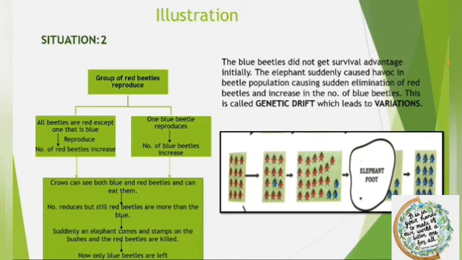Now at that point, an elephant comes and stamps on the bushes where red beetles are living, killing most of them. By chance, very few beetles survive, and those are mostly blue ones, with a very few red beetles. These beetles will slowly expand their population, but this time there would be more blue colored beetles.